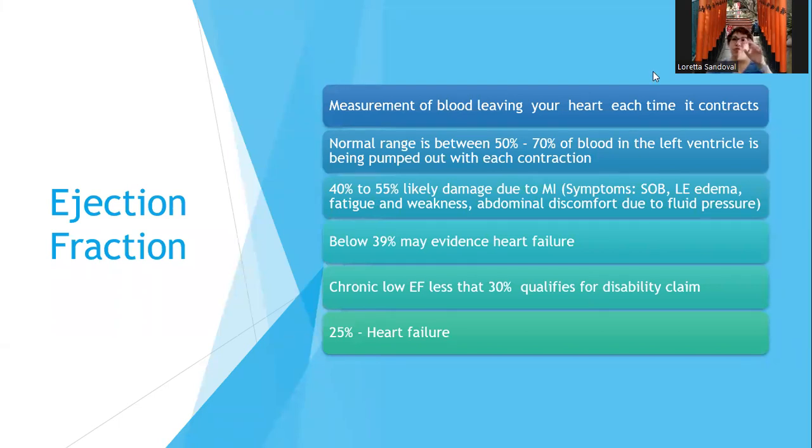So the ejection fraction, which I briefly mentioned a little bit earlier, is the measurement of blood leaving your heart each time it contracts. So remember, we had that end diastolic volume, which is the most your ventricles are going to hold, and the stroke volume, which is what's taking away from that.